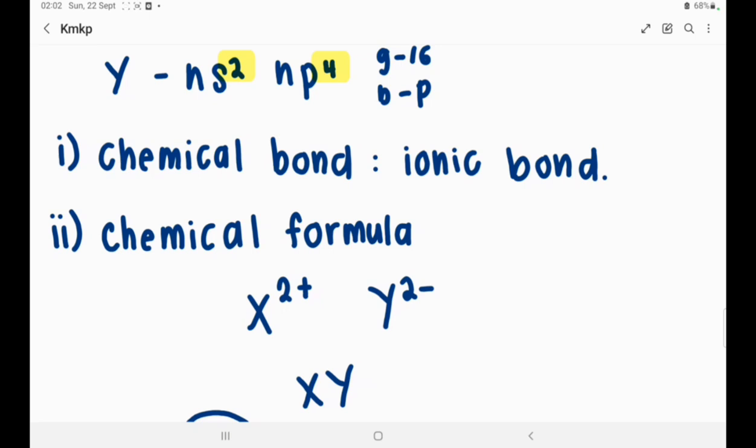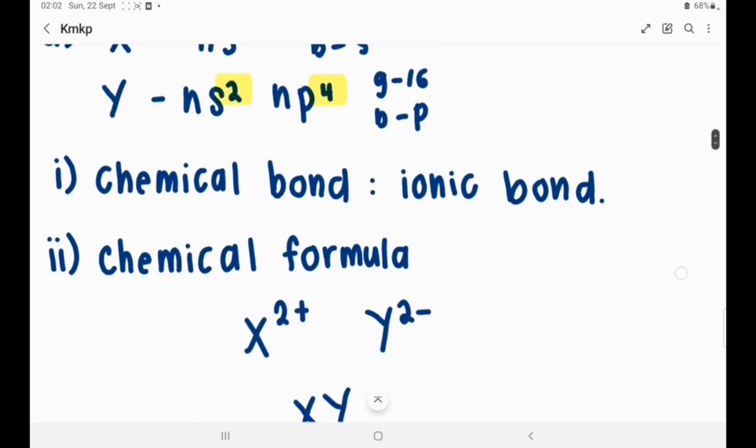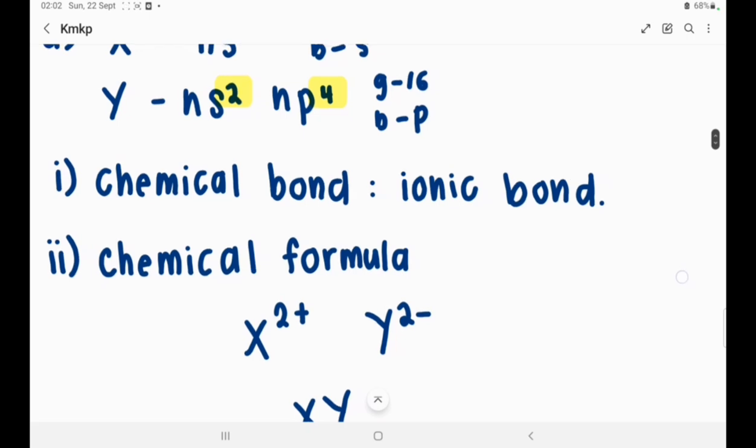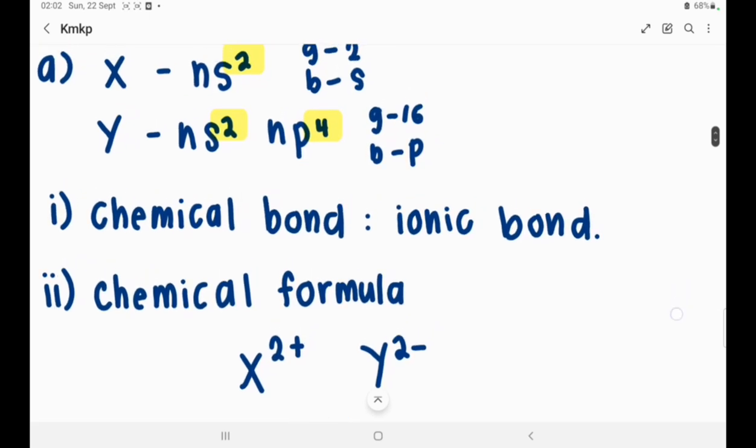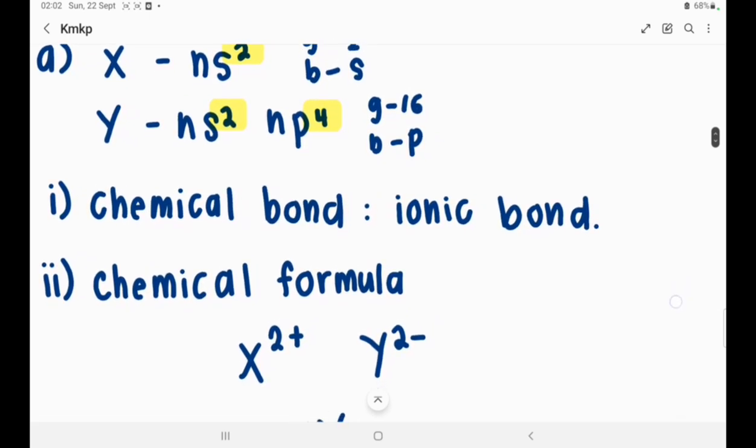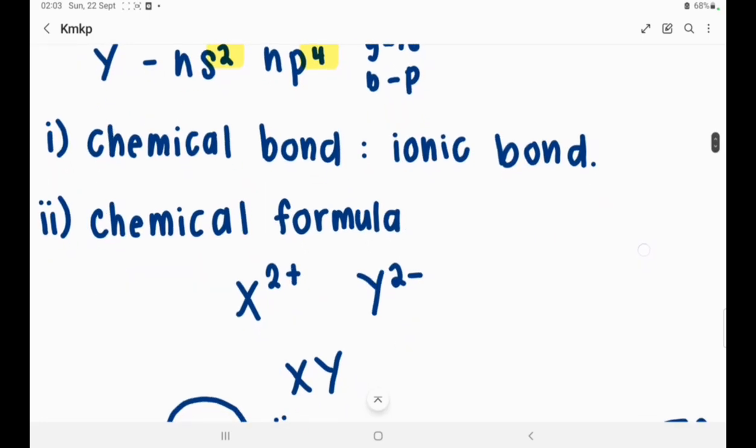As we can see, X is in group 2, so the charge is positive 2. Meanwhile, Y is in group 16 and the charge is negative 2. The chemical formula we get is XY.